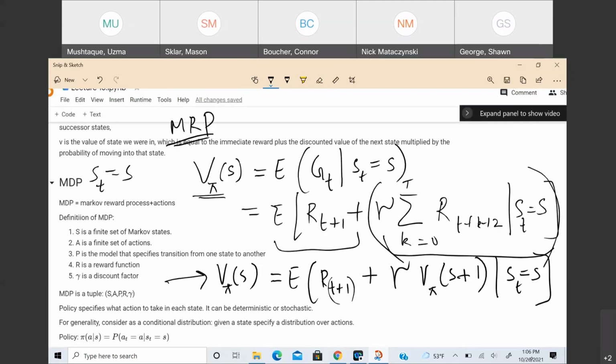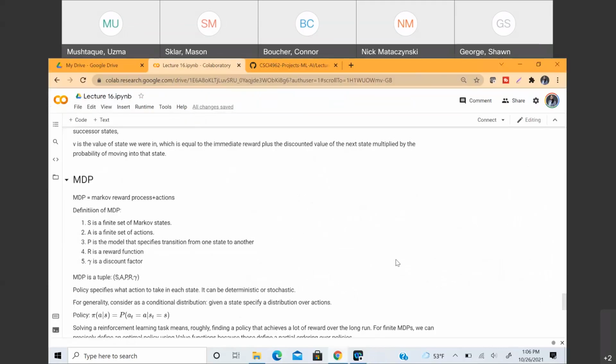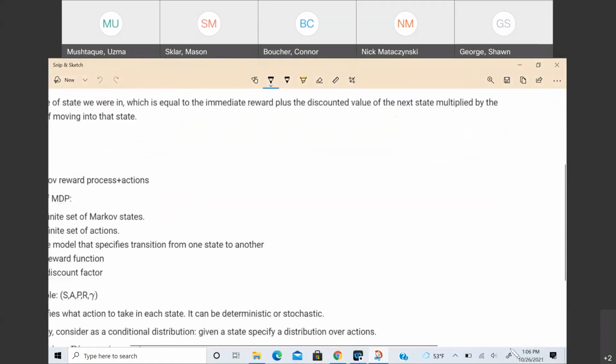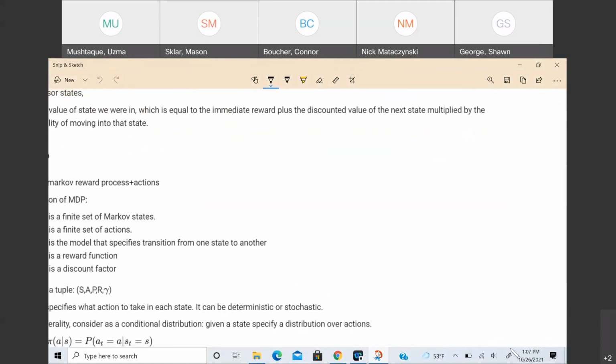Because the expectation is what? The actual value times the probability value. I'm not deriving each and everything, but because we know the definition of the probability of moving from one state to another, we can make this value equation even simpler. Let me write that down again. By the way, the resource that I've provided has the entire derivation, but I'm just focusing on things that you need to know, right?